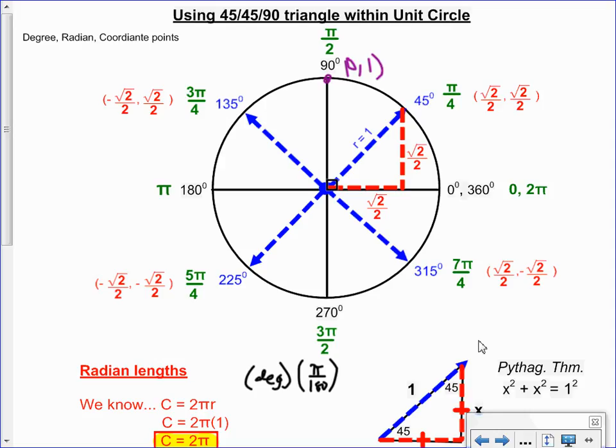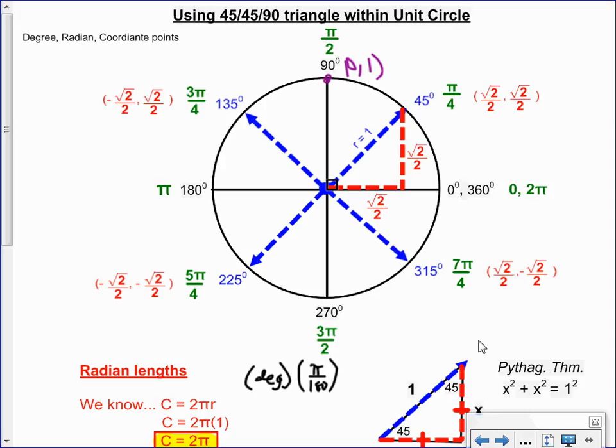Do you see a pattern yet? The 45s are all over 4s. They're just simplified. 0 pi over 4, 1 pi over 4, 2 pi over 4, 3 pi over 4, 4 pi over 4 is pi, 5 pi over 4, 6 pi over 4, 7 pi over 4, 8 pi over 4 reduces down to 2 pi.